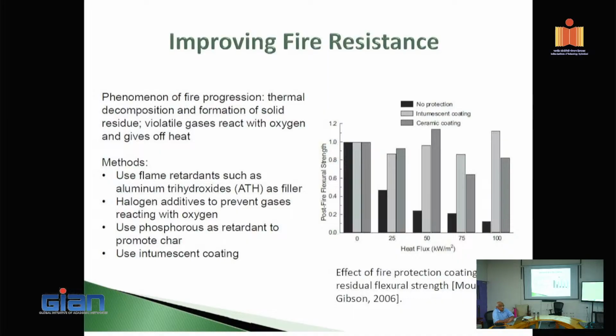The first three are additives in a resin. The last one is external coating. On top of it, we have a fire shield. So there are three different ways we want to protect.